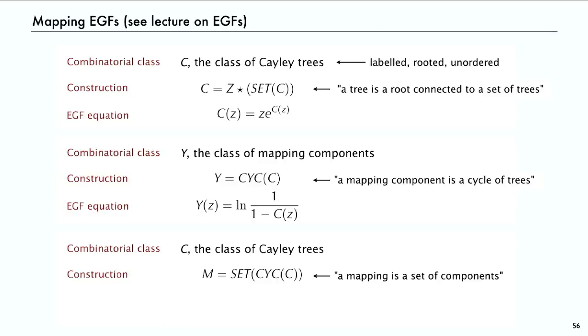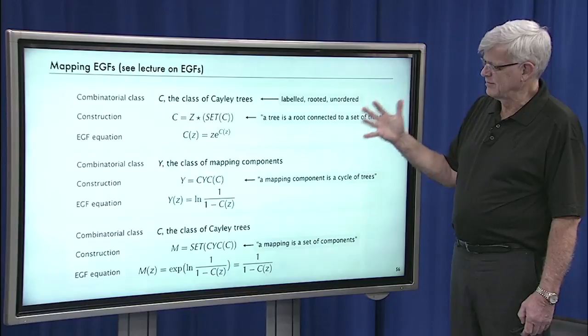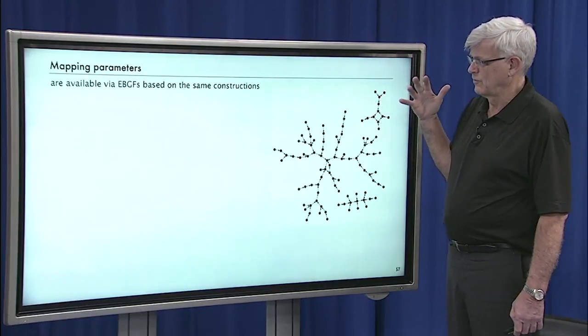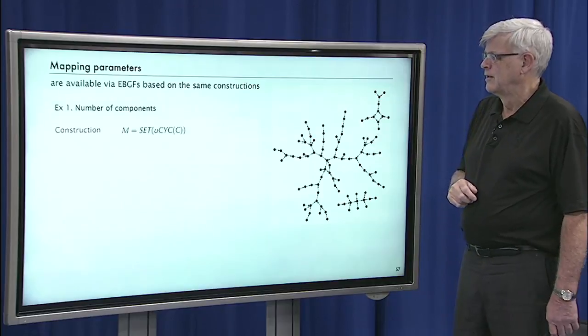And the set of mappings is a set of components, so it's e to that power, which leaves the 1 over 1 minus C. So those are the EGFs, and in the context of this lecture, the point is we can use these same constructions to get generating functions for mapping parameters.